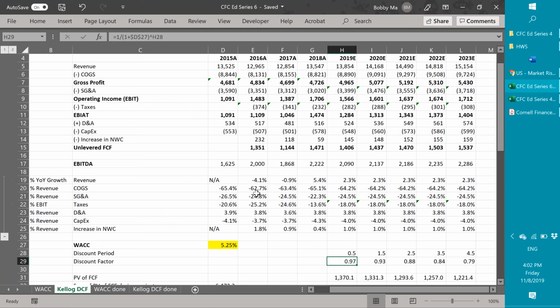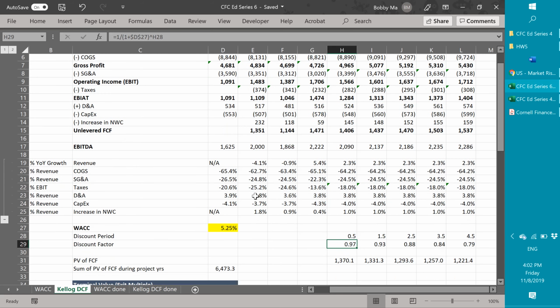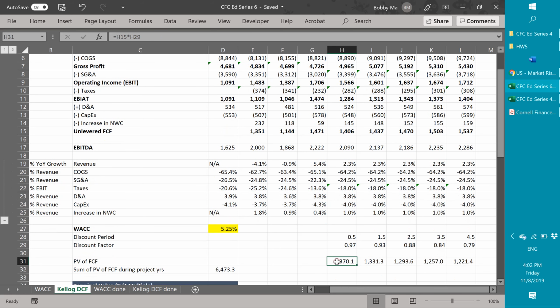Does that make sense, or are people confused? All right, cool. Great. So then we have our present value of free cash flow.